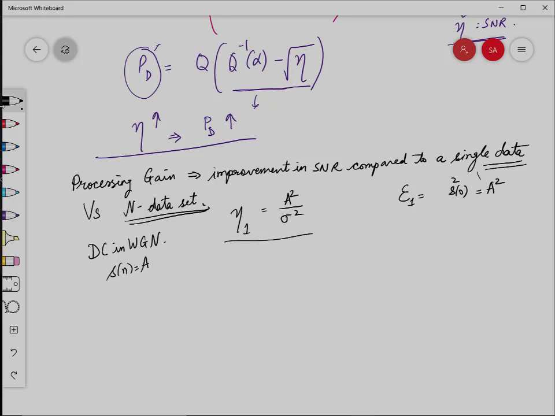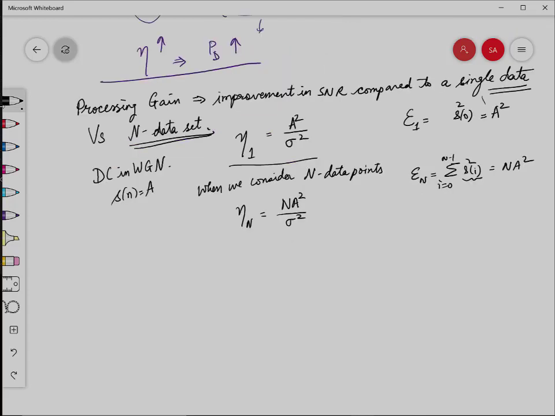When we consider n data points, then my energy becomes summation Si square, where i goes from 0 to n minus 1. Si square is A square, so this becomes n times A square. This becomes n times A square over sigma square.